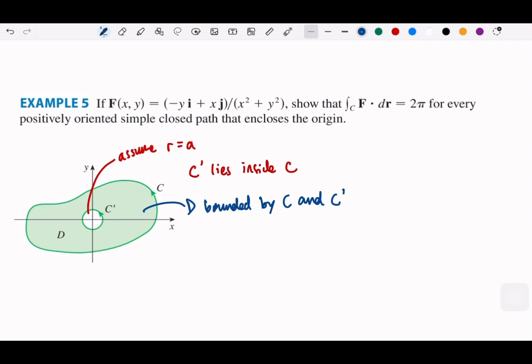So if we use the extension of Green's theorem that we previously discussed, then the boundary of the region D can be split into this and that.